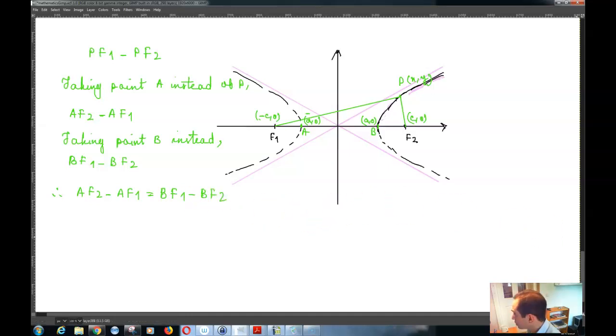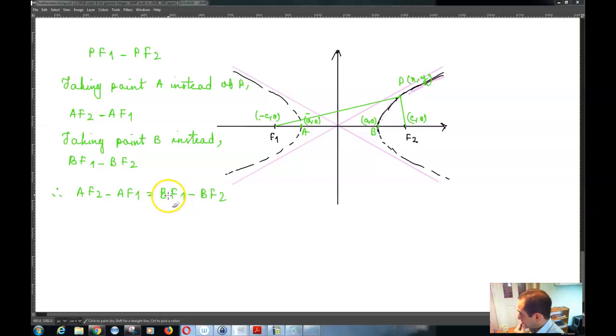Then I have BF1 minus BF2 is equal to AF2 minus AF1.